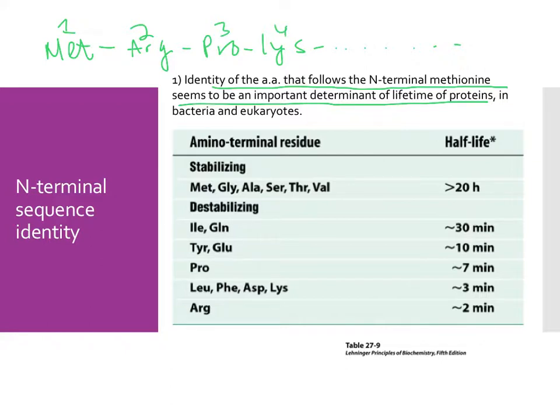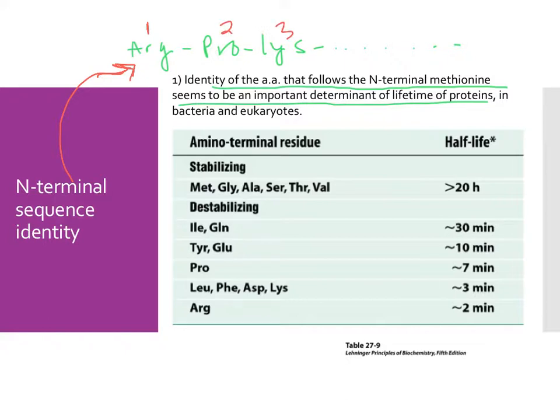It turns out that there's a hierarchy in the cell for primary sequences where this methionine gets cut off. And then there's a brand new N-terminal sequence identity. So that methionine gets cut off, and again, there's a hierarchy in the cell. This will be a post-translational modification that makes this arginine the new residue number 1, the new N-terminal residue.